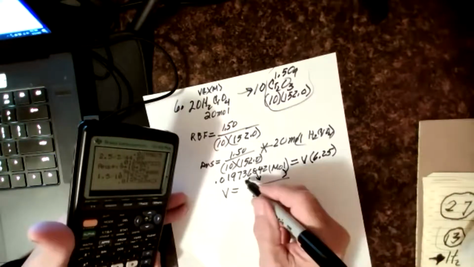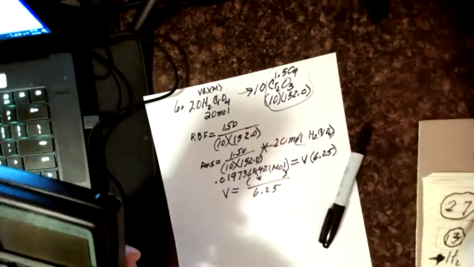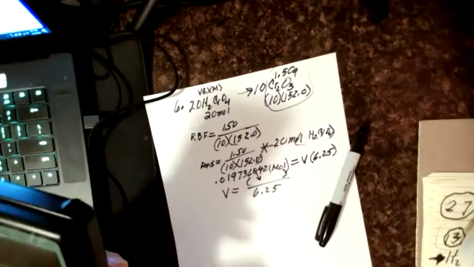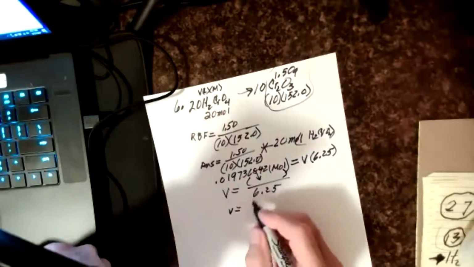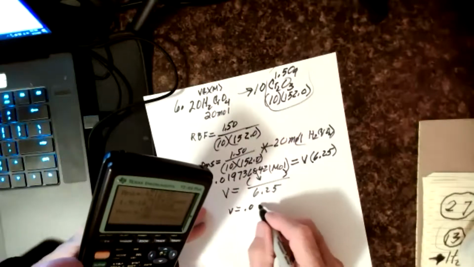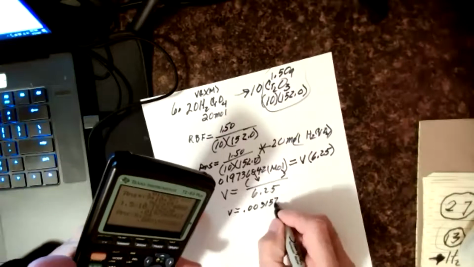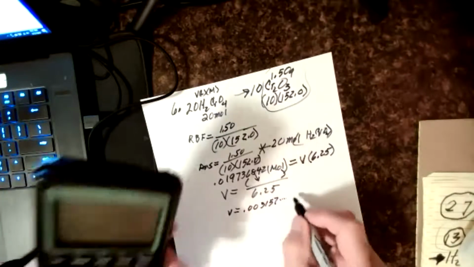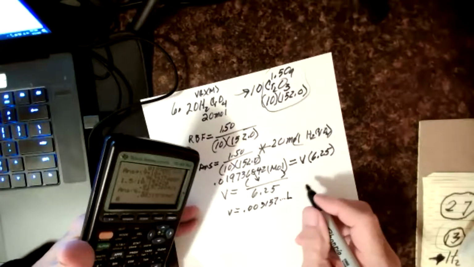Okay, now that number is still on my screen, so I just need to divide by 6.25. And I come up with the volume is going to be 0.003157 and some other digits. That's in liters.